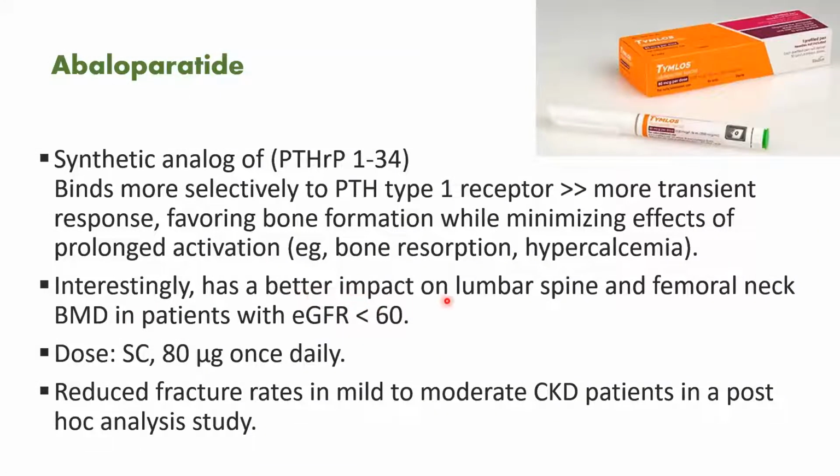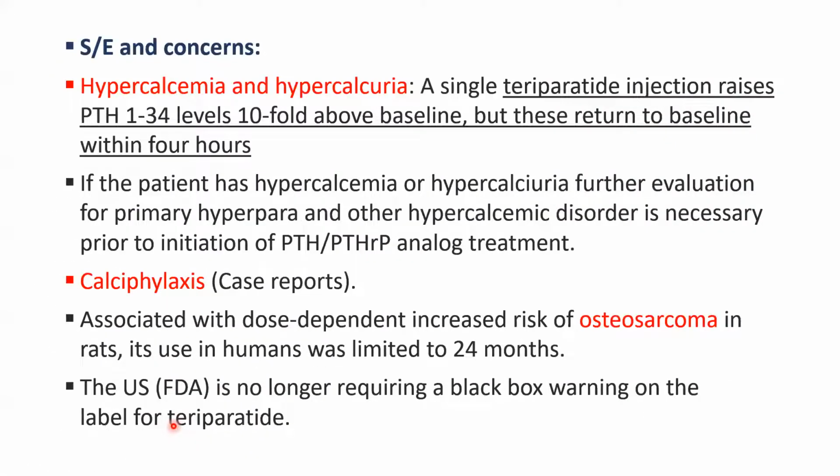It had a better impact on lumbar spine and femoral neck in patients with eGFR less than 60 in one of the studies. The dose is 80 micrograms subcutaneous, a daily injection. And the thing is, we don't have very good studies on abaloparatide, only a post hoc analysis of a randomized controlled trial as regards CKD.